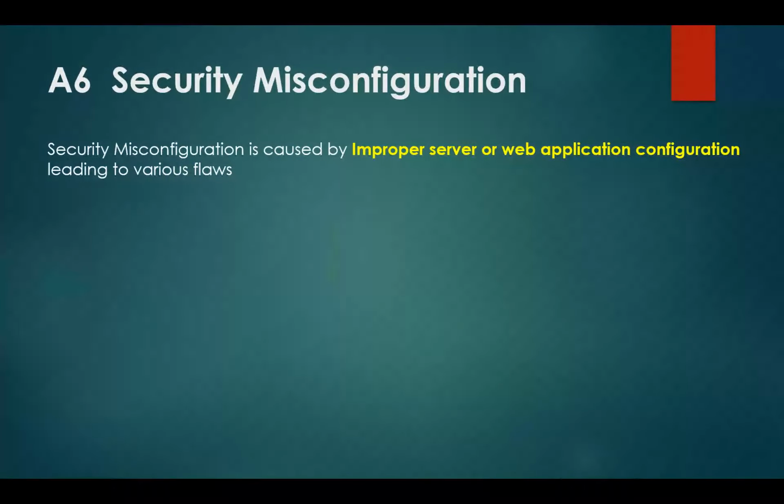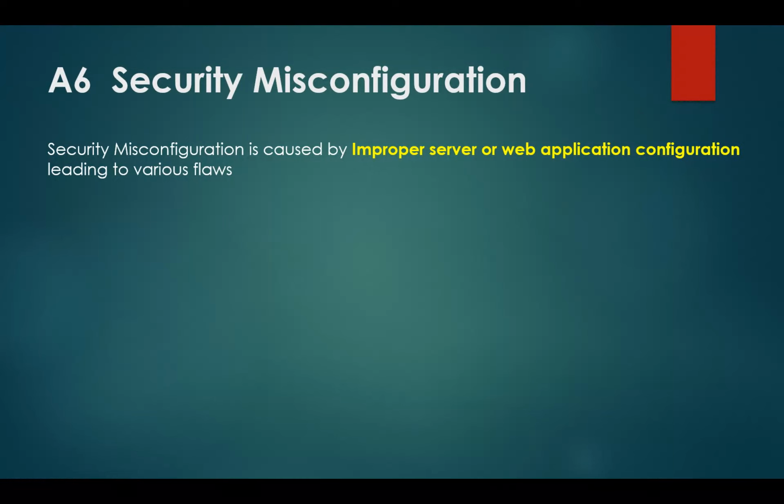Number 6 is security misconfiguration. Security misconfiguration is caused by improper server or web application configuration, leading to various flaws. As you can see, we have many vulnerabilities in our own web server or other security devices. Even though we have firewalls or other UTM devices, they also have their own vulnerabilities.